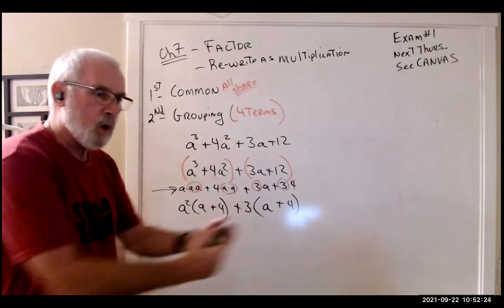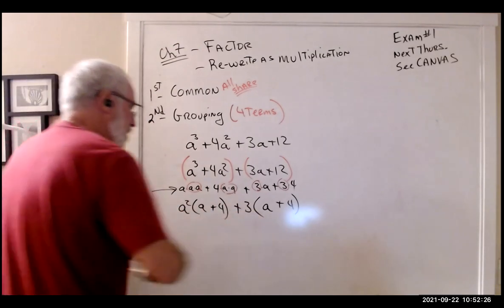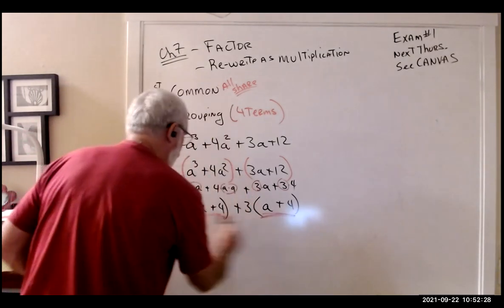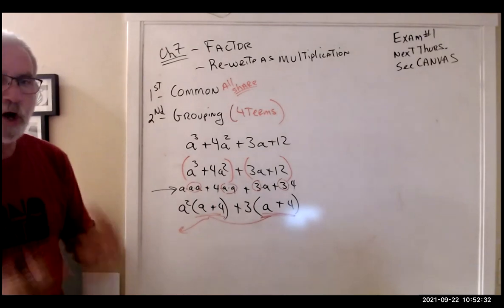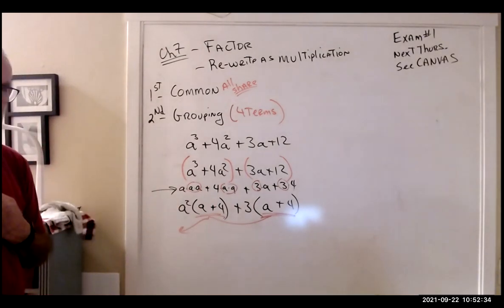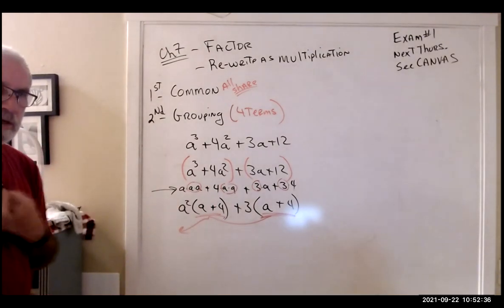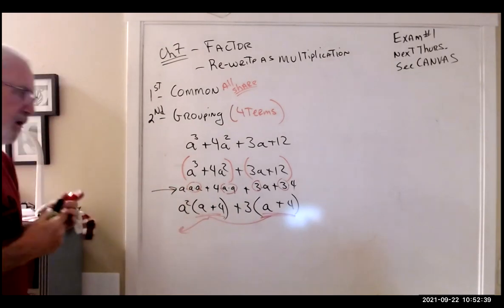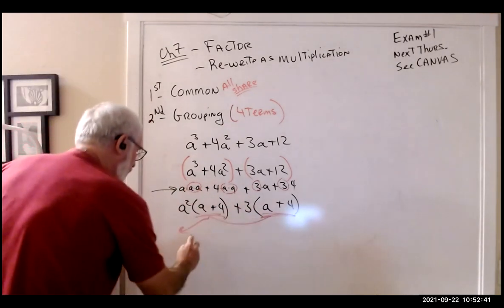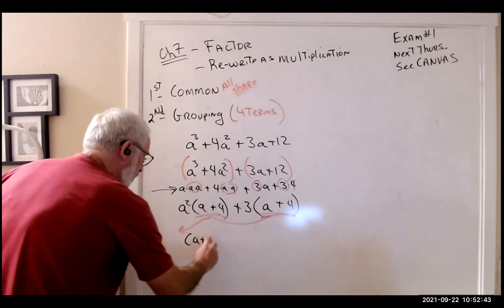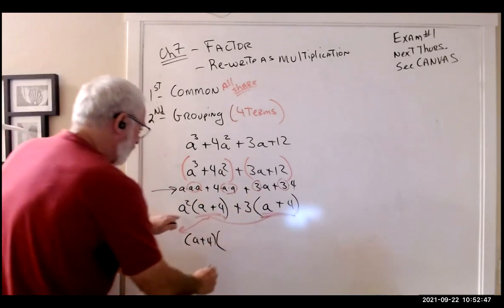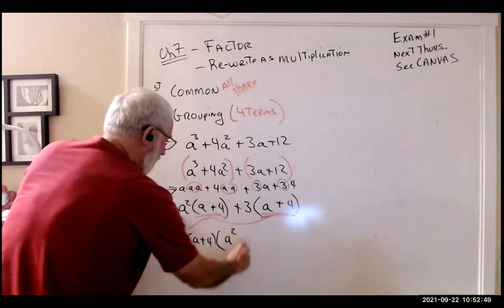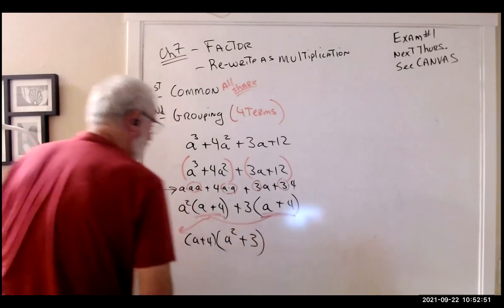But wait, why can't I pull the A plus 4 in front? Because that's a common binomial that they share. I can pull it out front as an A plus 4. So if I pull the A plus 4 in front, what falls together? The A squared and the 3.